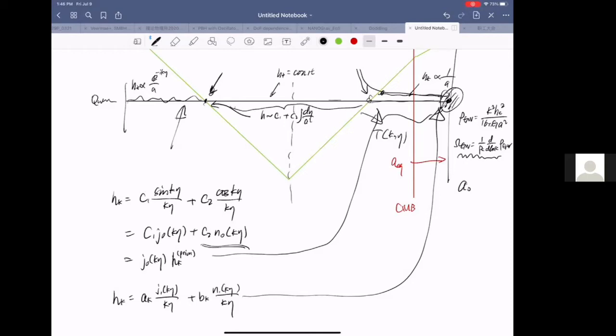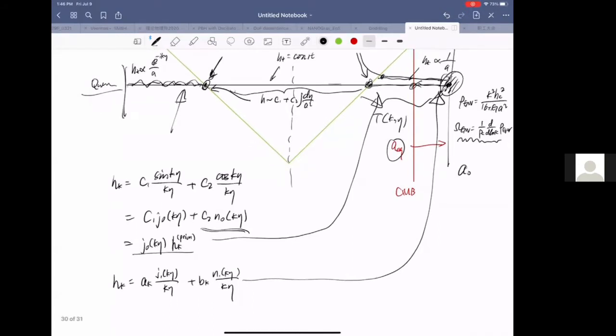So this current value evolves like this, and it must be connected at this a_eq here. And then it follows the evolution of this, which is connected to this h_k primordial, like this. And that is connected to the oscillation solution of the quantum fluctuation. This is what we are doing.